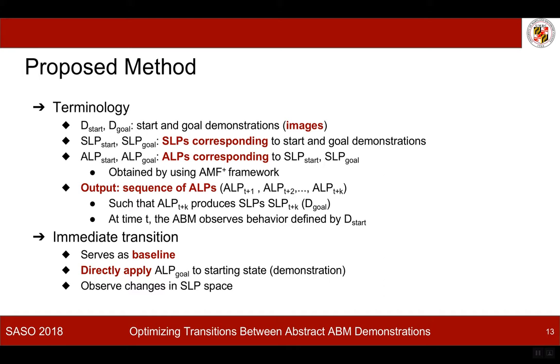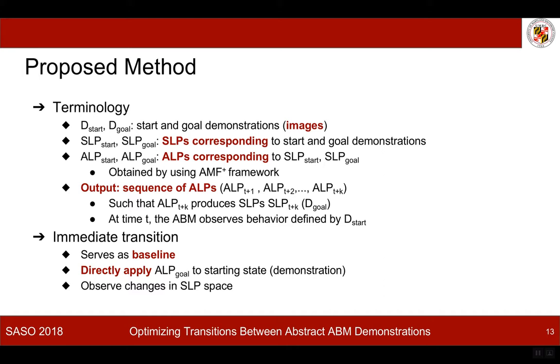SLP goal refers to the goal image. Similarly, ALP start and ALP goal are the agent level parameters required, and suggested, I should say, by the AMF Plus framework to achieve the SLP start and SLP goal.